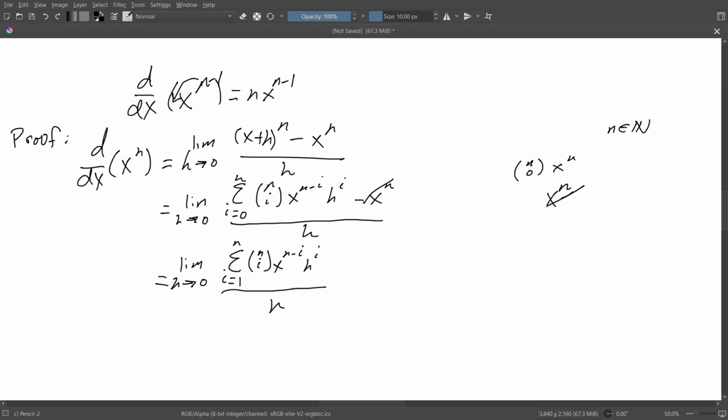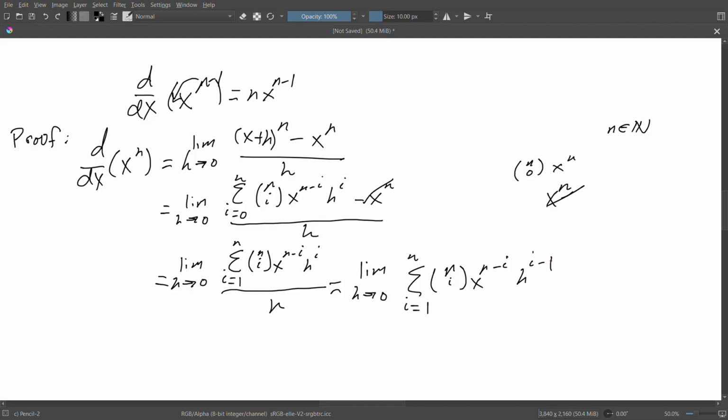But I've already canceled out my minus x to the n, so then this is just divided by h. Okay, so now what's the next step? The next step is to cancel one of the powers of h here. So then this is going to be the limit as h approaches 0 of the sum from i equals 1 to n of n choose i times x to the n minus i times h to the i minus 1.